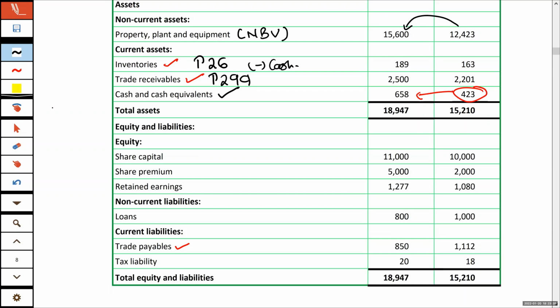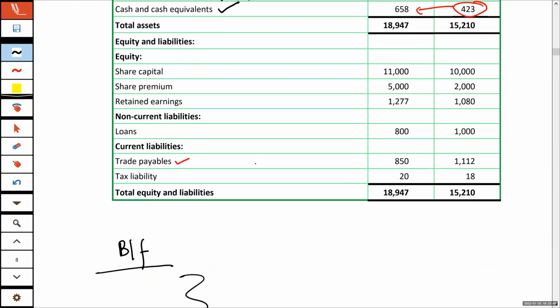For share capital, share premium, I did notice there is a box for it called share issue. Does anyone know what is the double entry for share issue? Let's say your shares were worth £2 and the nominal value of the shares is 50p.